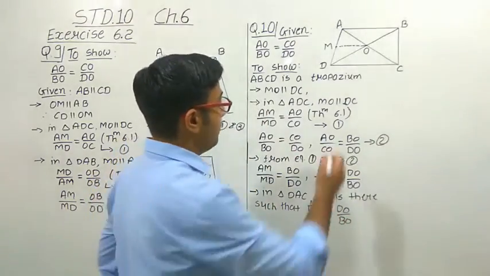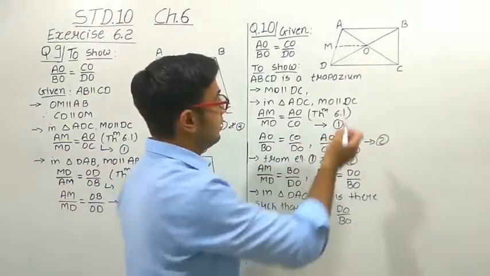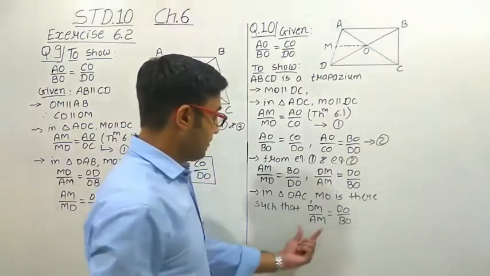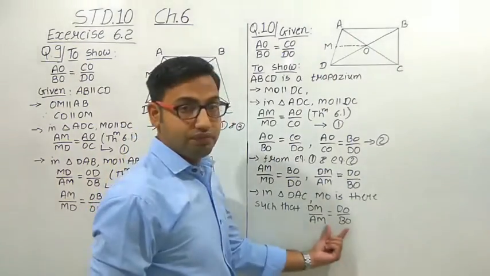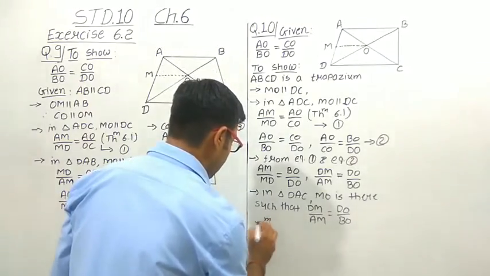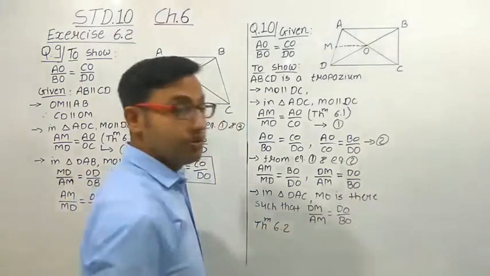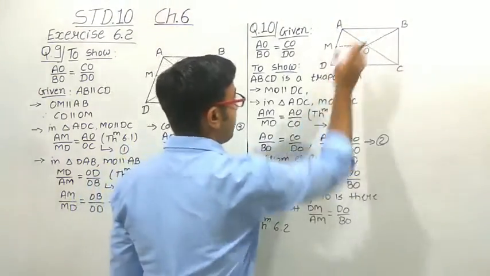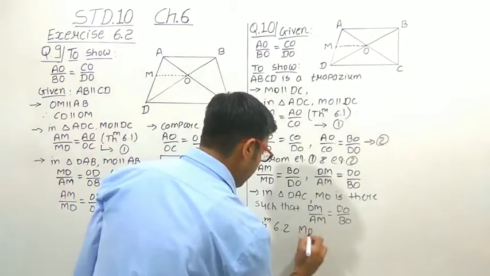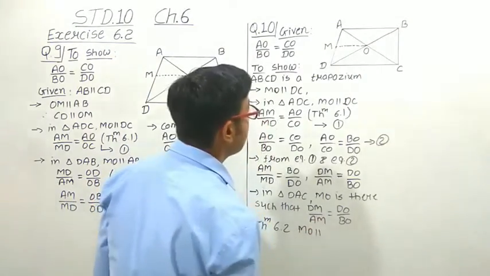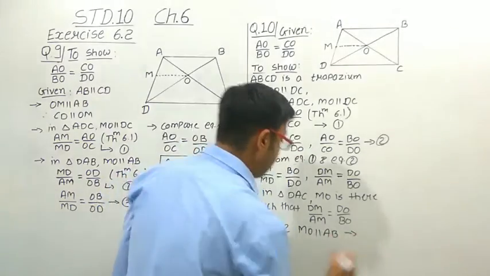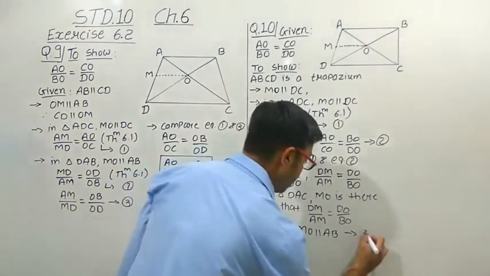Now what will happen if a line intersects two sides of a triangle in such a way that the ratios are equal? According to theorem 6.2, now we can say that MO is parallel to AB. You can write down that MO is parallel to AB. Give it equation number 3.